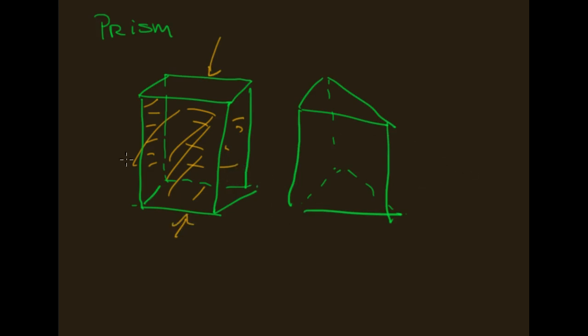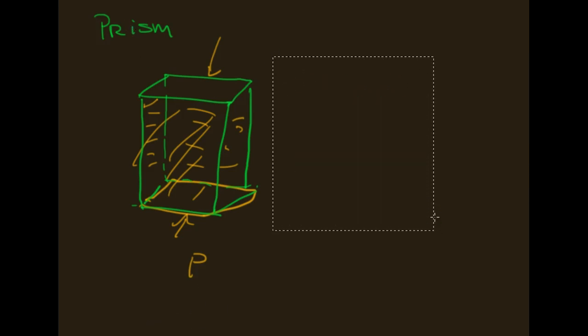Okay, so how do I find the lateral area? If you think about this, if you were to cut this apart, all the way around here would be the perimeter of the base. Let's try to envision this thing cut apart. Let's get rid of the triangular one, and envision what the rectangular one would look like cut apart.